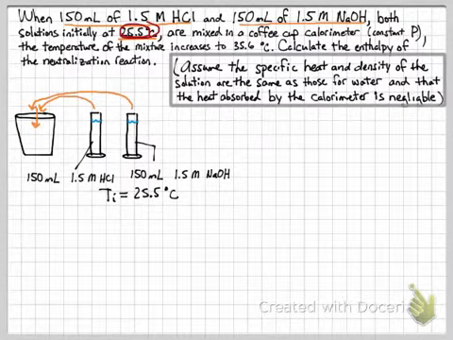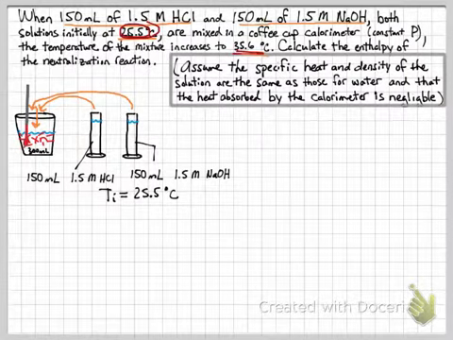When we mix the two solutions, we'll have a total volume of 300 milliliters, and we know that after the reaction occurs, the temperature increases to 35.6, so about 11.1 degrees Celsius.